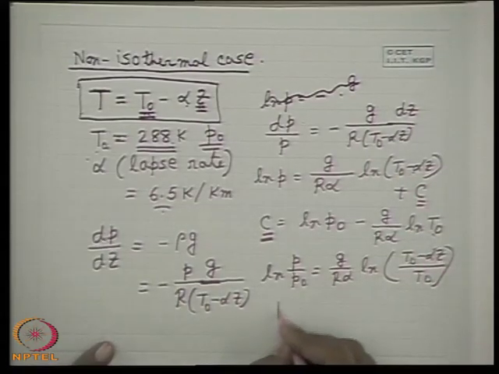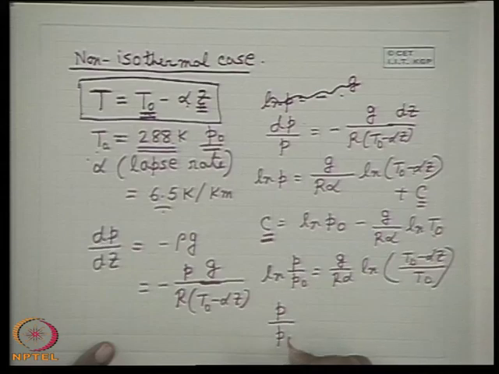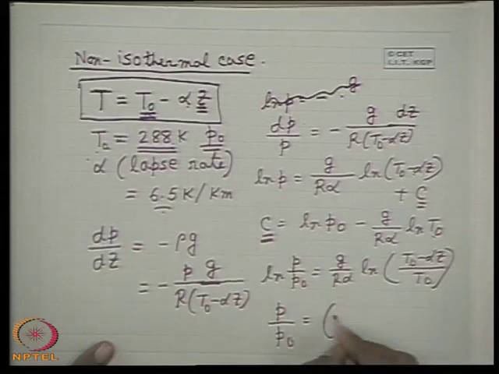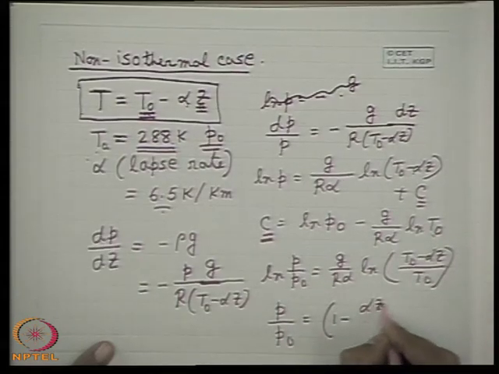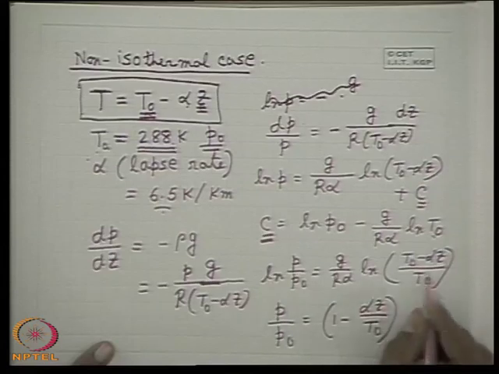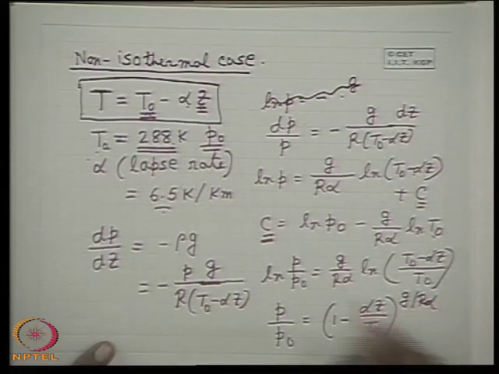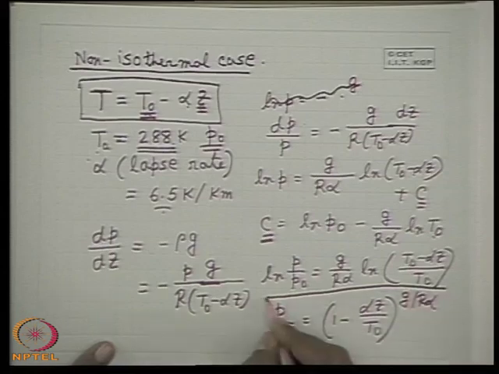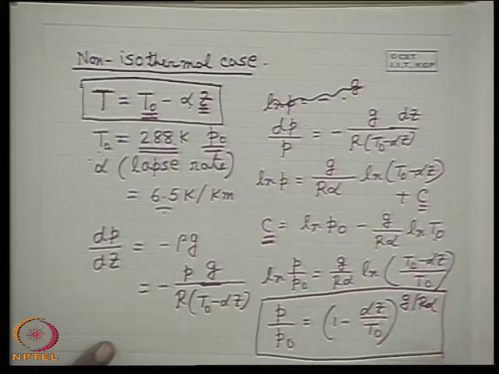This ln I can remove and I can keep it in terms of T0 minus alpha Z by T0 within the bracket raised to the power G by R alpha. That means this gives a power law type of variation. So, this is nothing but simple mathematics.